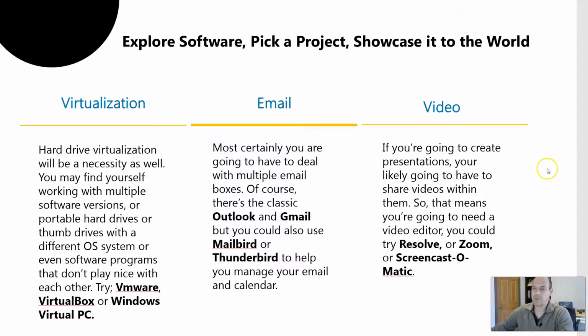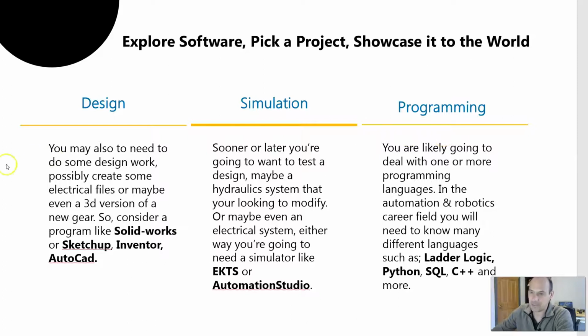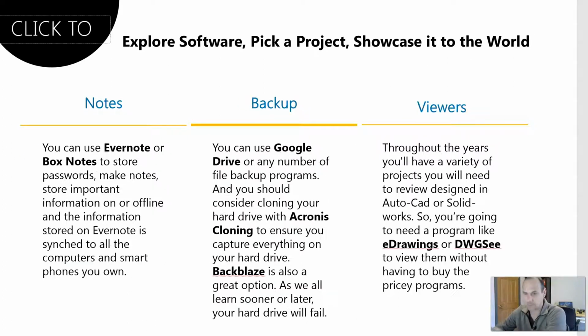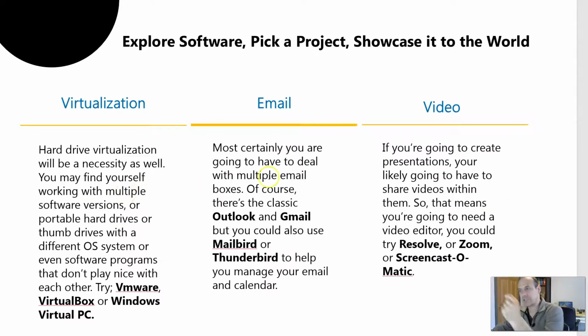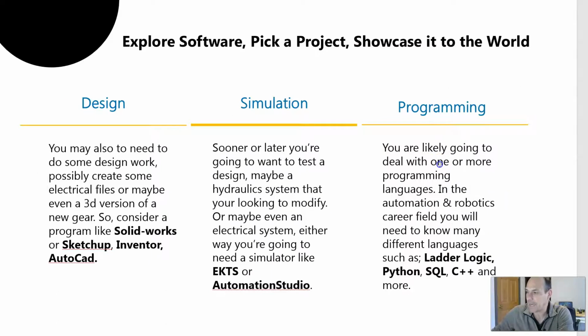So what I've done, if you notice, is I've broken these all down into categories. Your design, simulation, programming, notes, backup, viewers, compression, graphics, projects, virtualization, email, and video. So those 12 different categories are generally the categories you will use software in the most. Now, obviously in the programming side, there's so much more software, right?